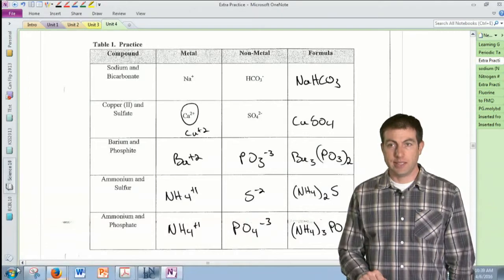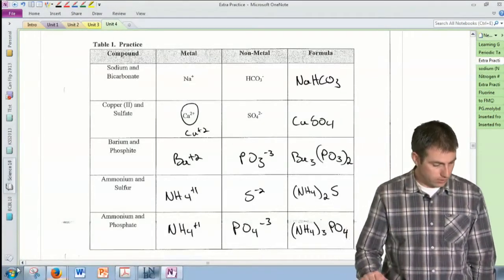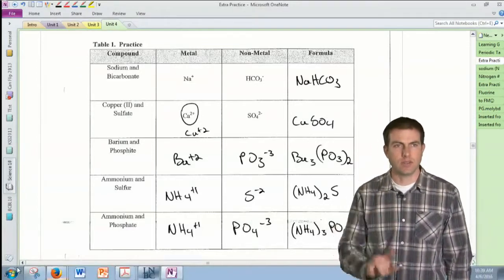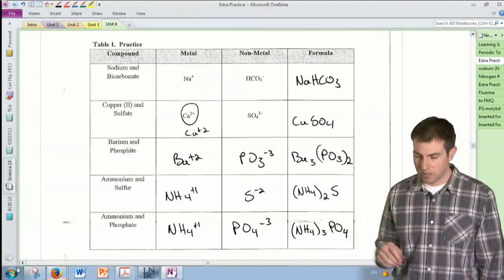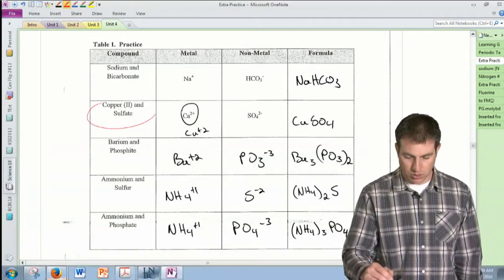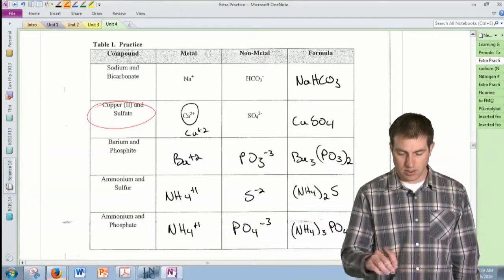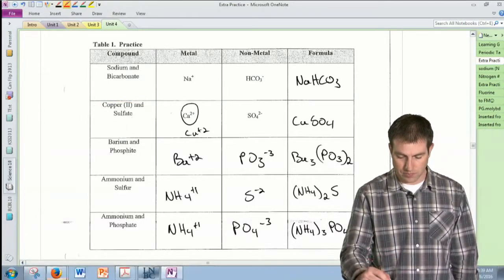I did these questions, and if you find something wrong with something I've done, again, let me know. One little typo in here was, for the second one, it says copper 2 and sulfate, and the element symbol it gives you is Ca, and it should be Cu.